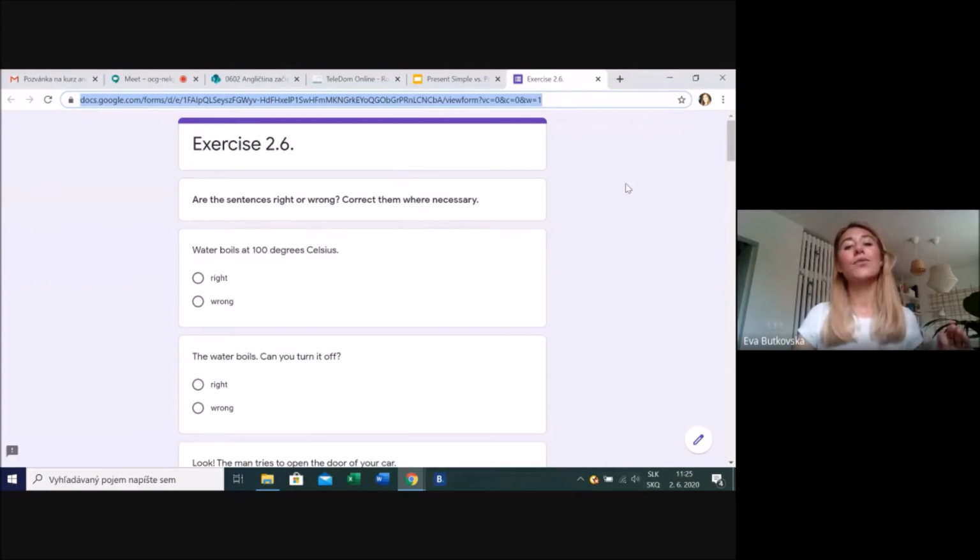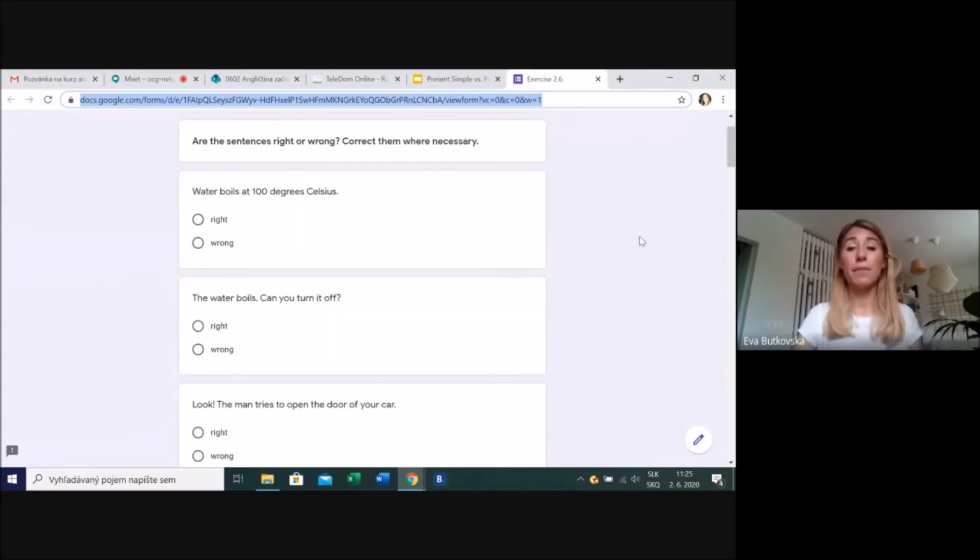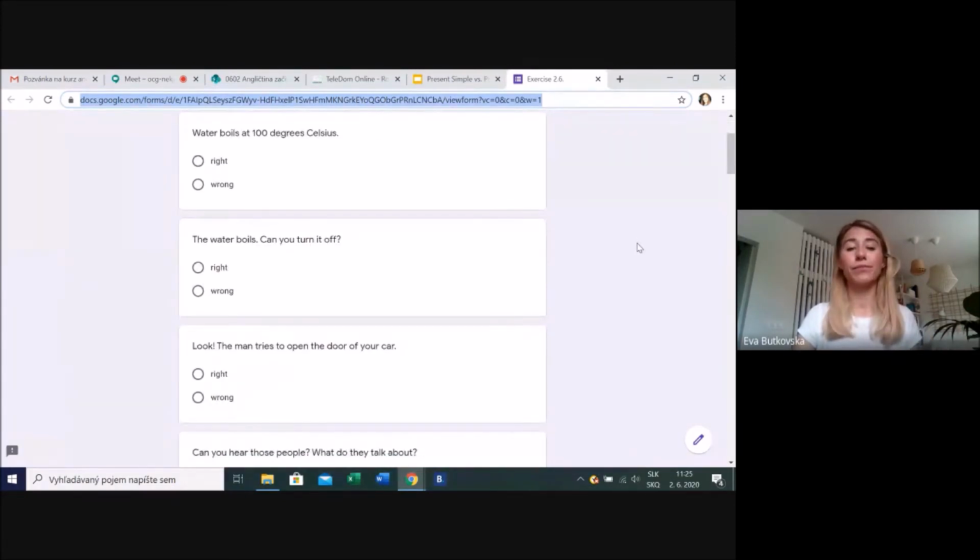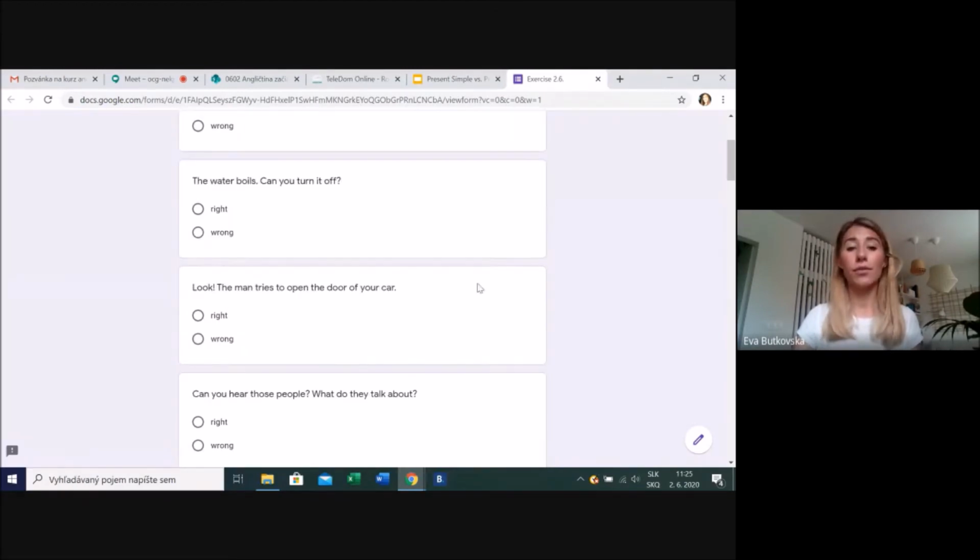Are these sentences right or wrong? Correct them where necessary. Number 1: Water boils at 100 degrees Celsius. Is it right or wrong? It's right, it's correct. Very good. Number 2: The water boils. Can you turn it off?